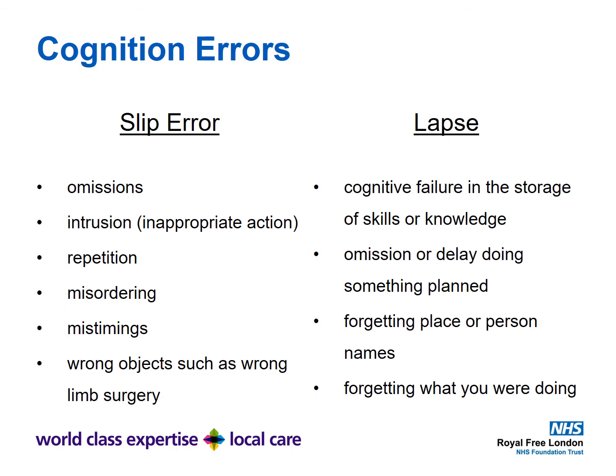So, for example, have you forgotten that you are due in acute medicine clinic? Have you forgotten that you're due in theatre? Forgetting place or person names can be a cognitive error, which worries me a little bit because that means I probably have a slightly rotting brain. But those are an example of lapse cognition errors, and forgetting what you were doing.